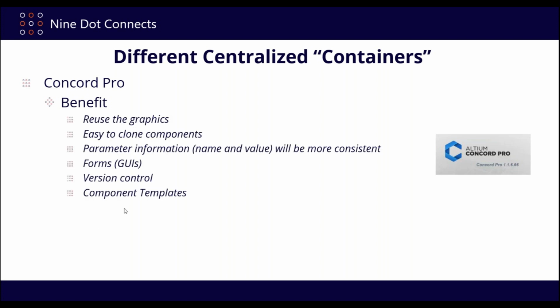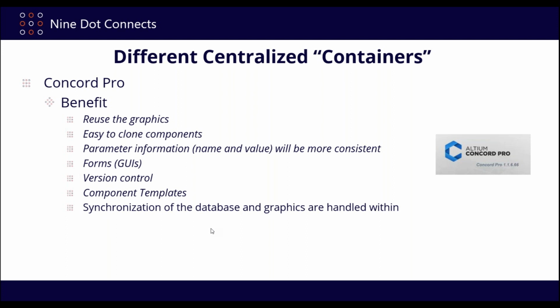Well, all the things I kind of listed before, but in addition to that, they handle the synchronization of the database and the graphics within. And what I mean by that is if you create a new part, and then let's say it's the end of the day and you save it off and then you come back, all you need to do is just save it. You don't have to tell it where to save it. When you come back the next day and you open up your Altium Designer to go into Concord Pro, well, guess what?